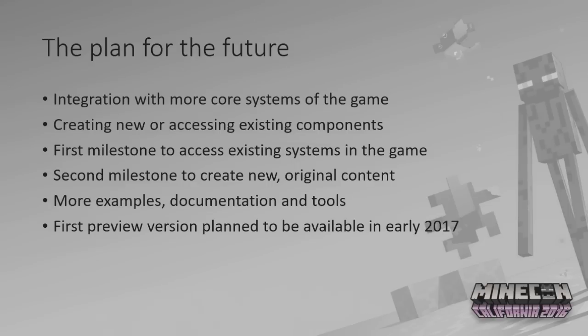The first preview is planned for early 2017. That's where we hope to have something ready for you guys to try yourself. And until then, I'm really looking to get some feedback on the things that we could show so far.